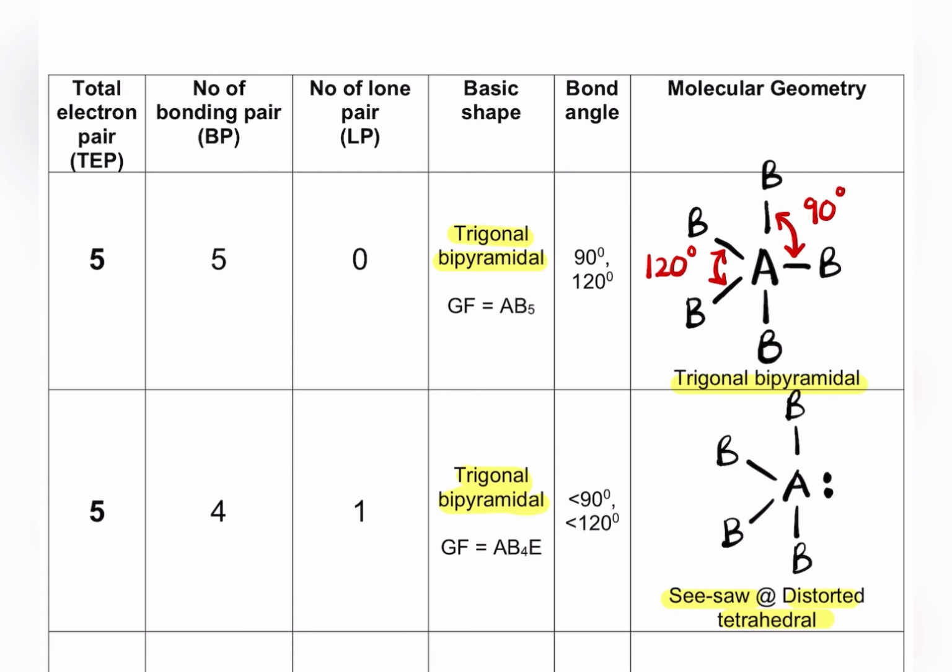And as you see here, my structure for the bond angle sudah berubah, iaitu from here to here nilai dia less than 90 degree and from here to here nilai dia less than 120 degree. So this is the structure for seesaw ataupun nama lain adalah distorted tetrahedral.